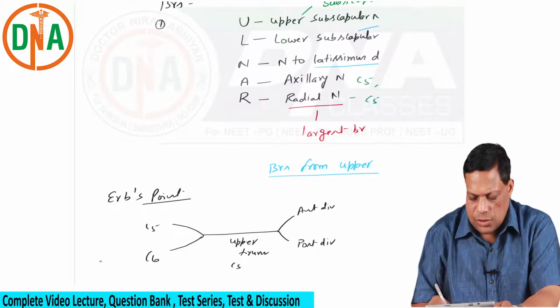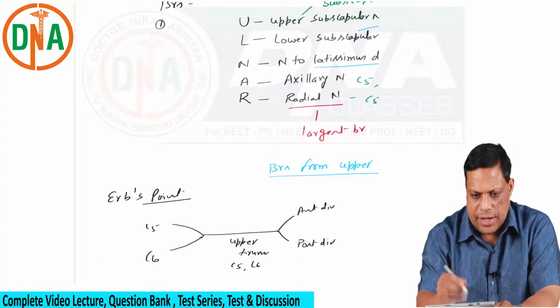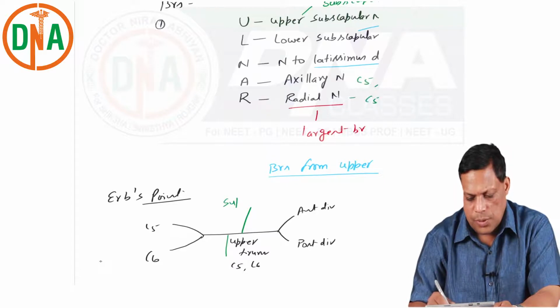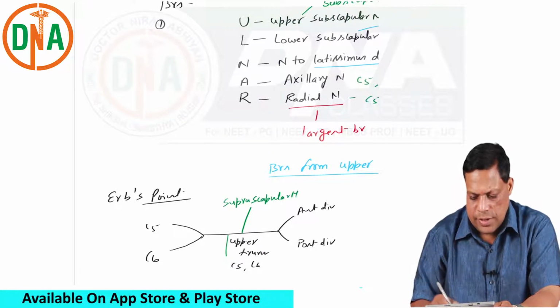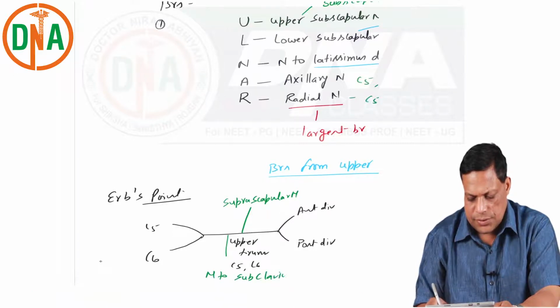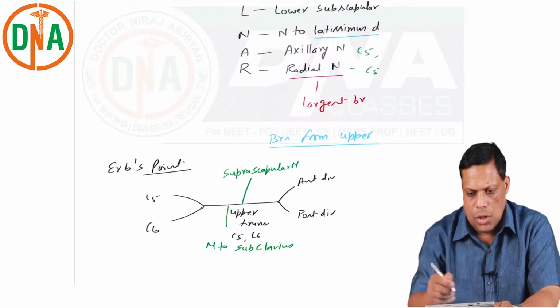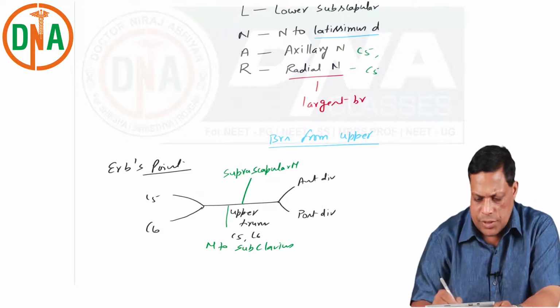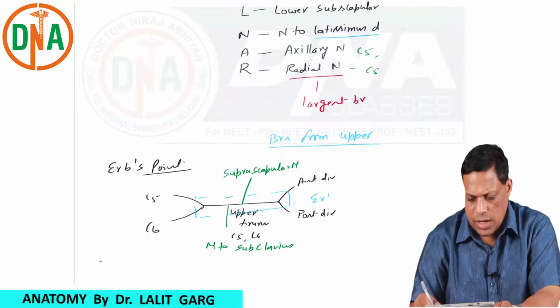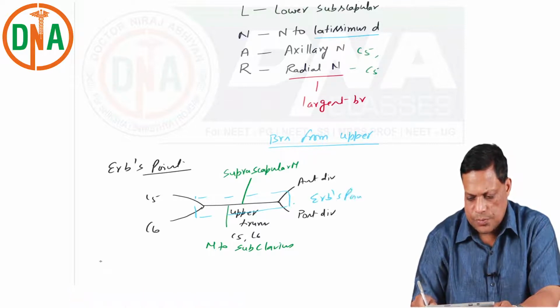So upper trunk root value C5, C6, and it gives 2 branches. This is suprascapular nerve, and this is nerve to subclavius. So this meeting point, this is known as the AIIMS point.